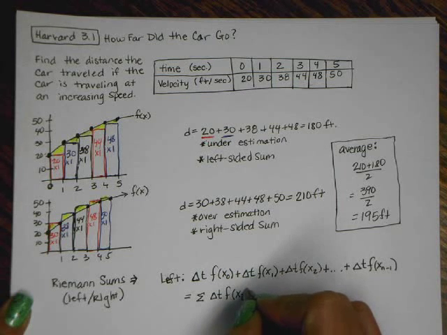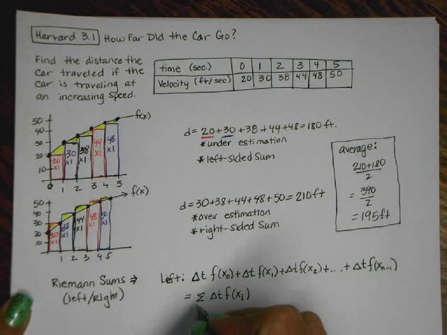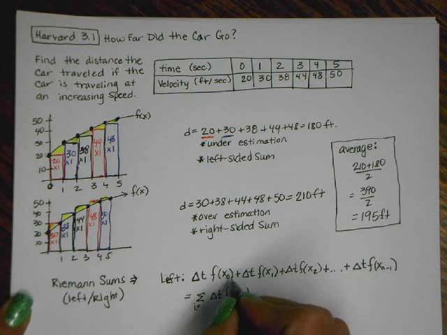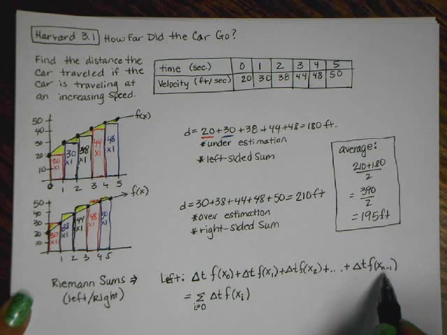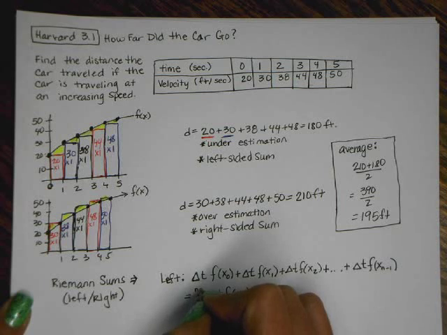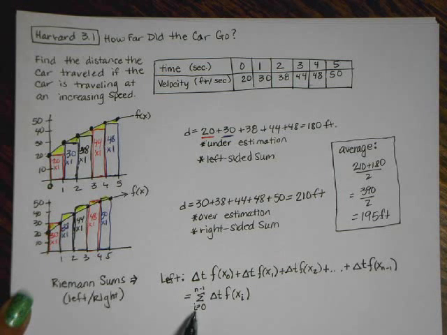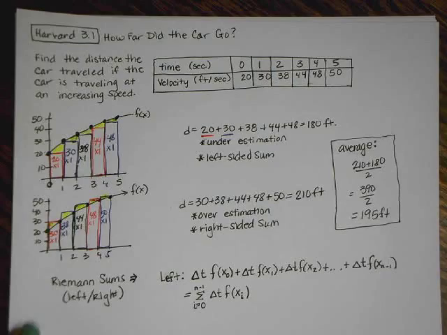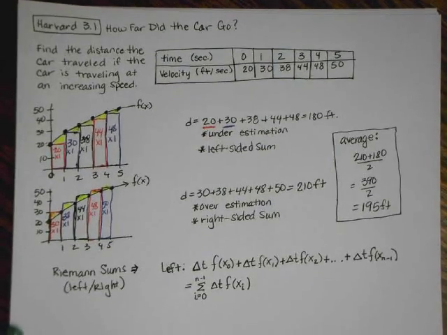That i is going to be my number that changes in my summations. And in this case, I want my i to start here at 0, and I want it to finish at n minus 1. So these are telling me where to start and where to finish. It looks kind of crazy, but if it doesn't scare you, then you look really smart if you can use it. Okay, now that's for the left-sided sum.